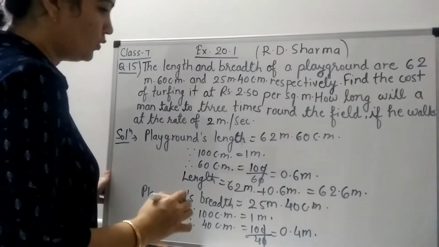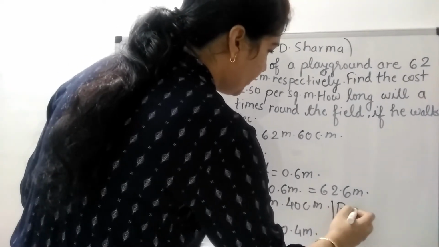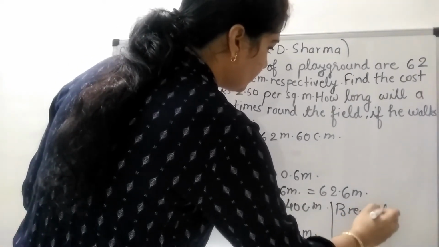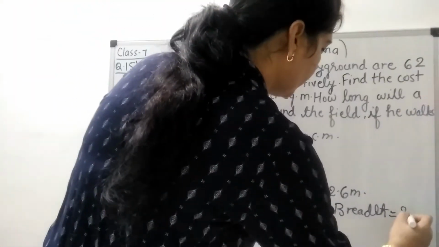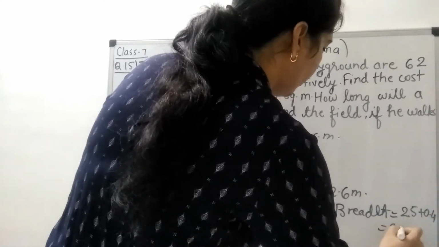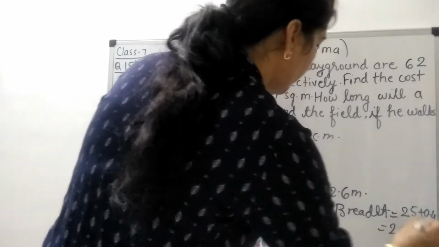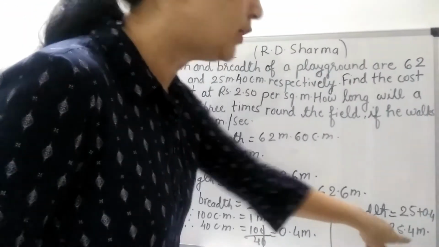So the breadth will be 25 plus 0.4, means 25.4 meter. Okay, now length is 62.6 and breadth is 25.4.